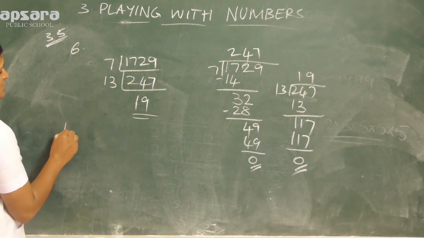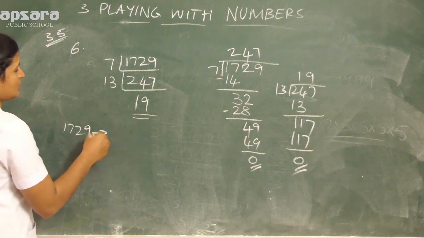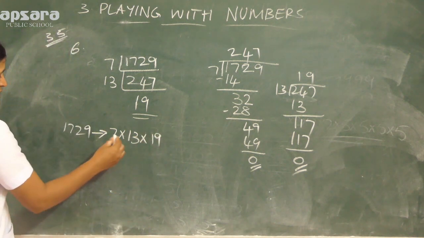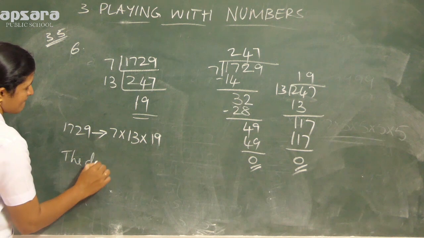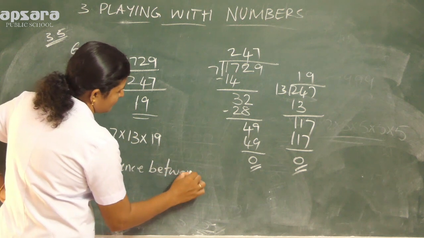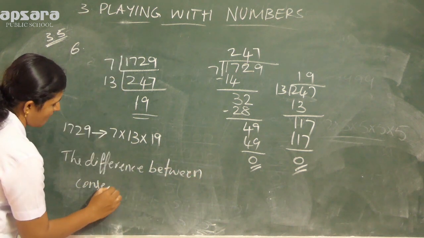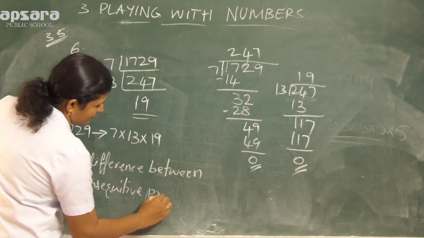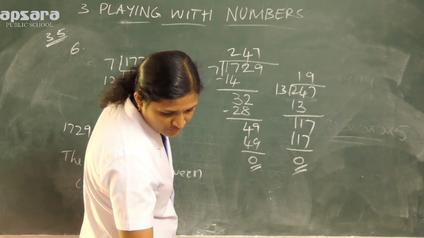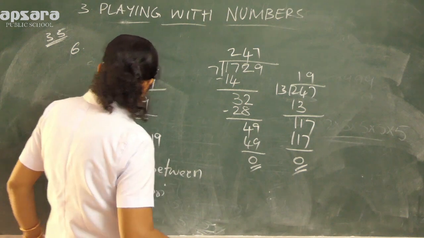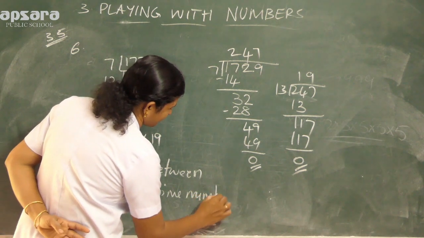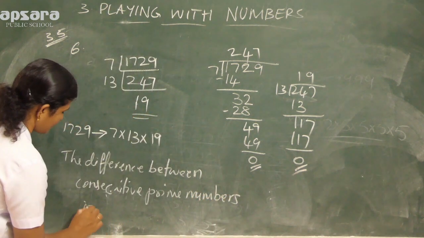Okay. So the prime factorization of 1729 is 7 into 13 into 19, and the relationship, the difference between consecutive prime numbers, is 6.